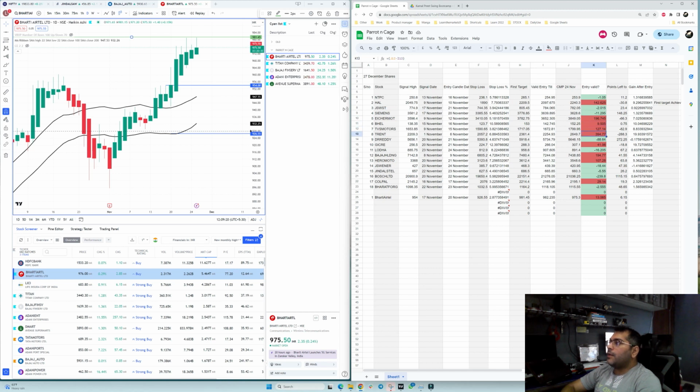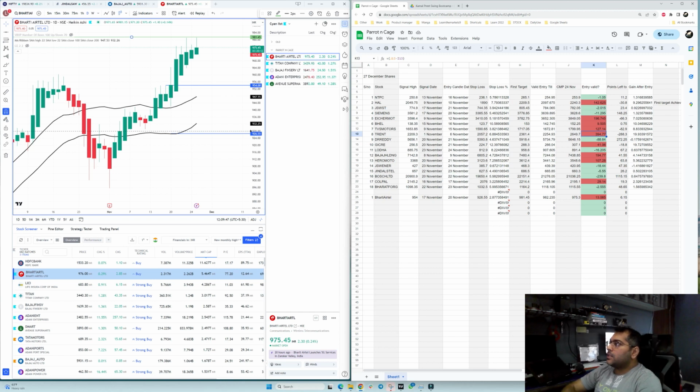That means I have already missed my chance to cash this trade, and I have marked this as red, meaning I cannot enter this trade right now. And if the value is negative, that means I still have a chance to cash this trade.